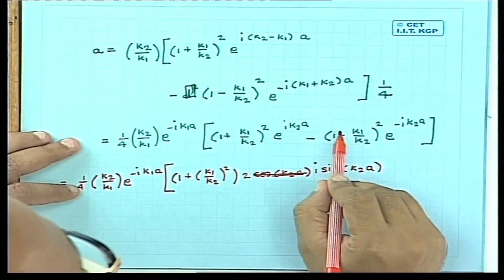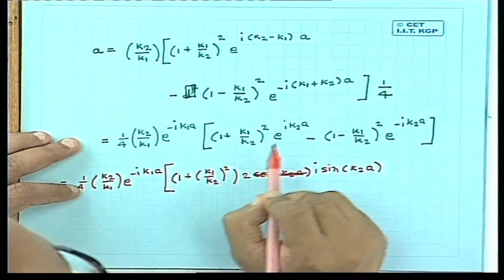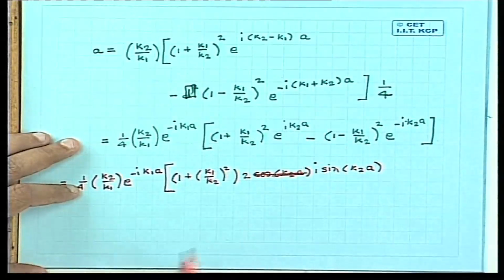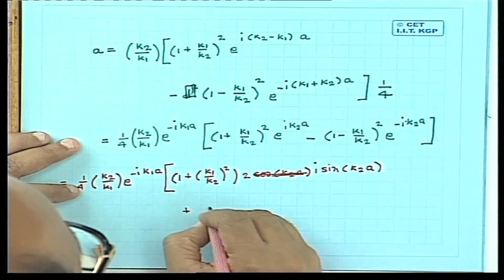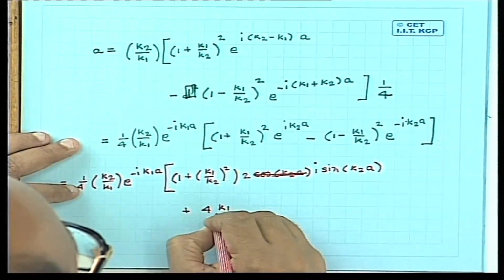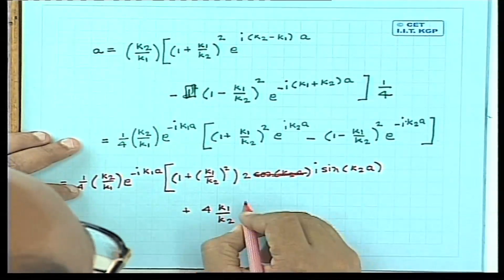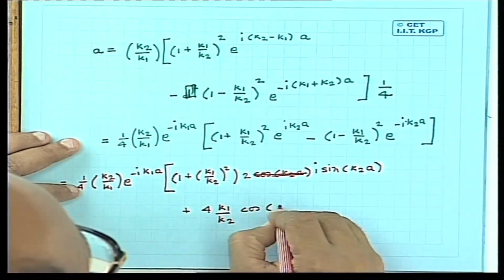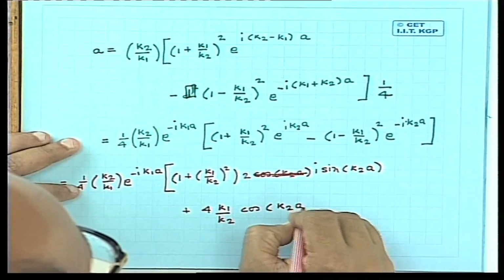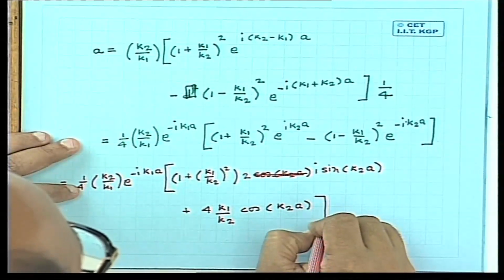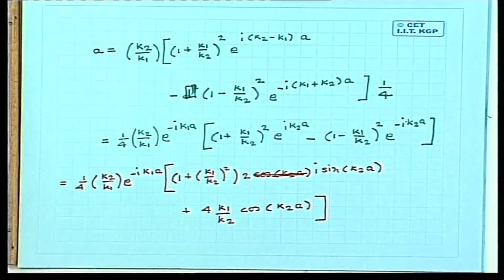Here also I will have 2 k1 by k2. These two will get added now, so I will have plus 4 k1 by k2 cos k2a. Okay.